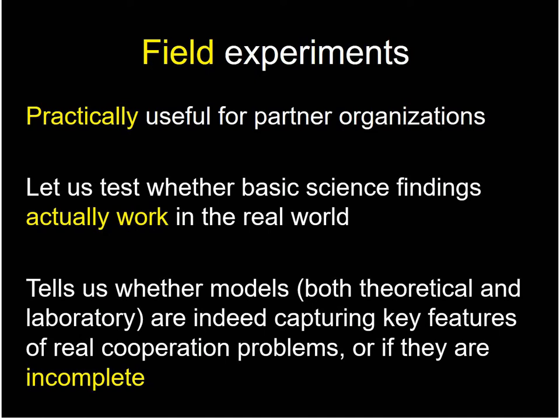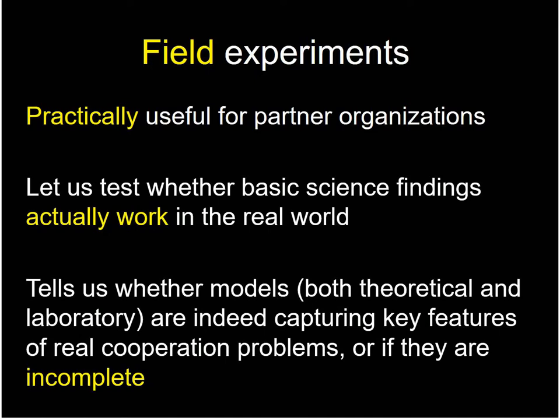So in seeing how well stuff from the theory and the lab works in the field, we learn about whether the theoretical and the laboratory models were actually good models, or if something important is missing. So I feel like these field experiments are not only practically useful, but they're also theoretically useful.